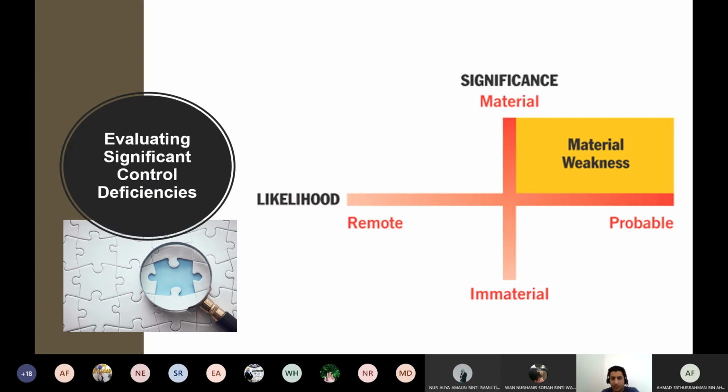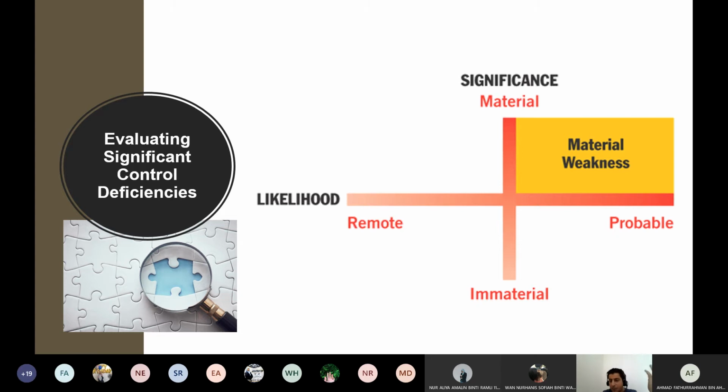This is another diagram to explain and evaluate the significance of control deficiencies. On one side we have the likelihood, and on the upper side we have the significance. If it is remote and immaterial, the auditor will not give much attention.